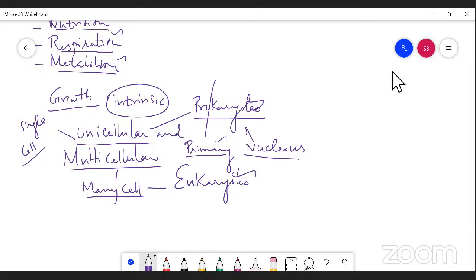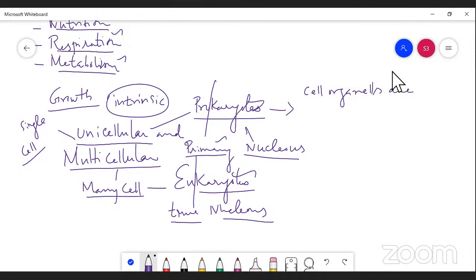What is it called? Eukaryotes. Eu means true, and karyotes means nucleus: the true nucleus. In prokaryotes, cell organs are not found.